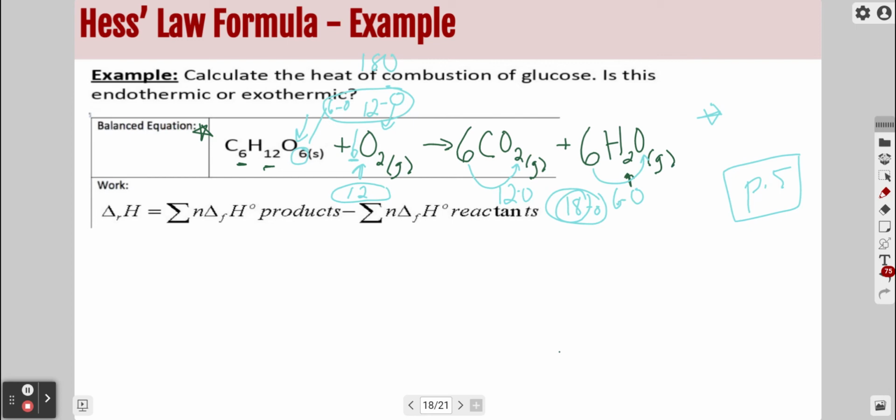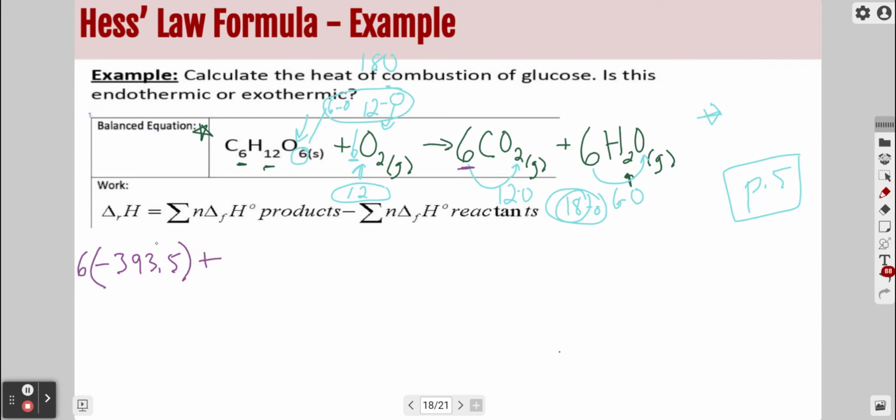All right, so hopefully you've gone ahead and done that. So we have our products. We're going to look up the heats of formation for our products. We've got carbon dioxide gas. I'm going to look on my chart for carbon dioxide gas, and it is negative 393.5 kilojoules. I'm just going to leave out the units for now. And I have 6 carbon dioxides, so I'm going to have to multiply that by 6.